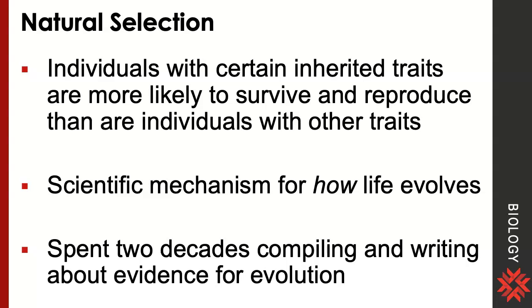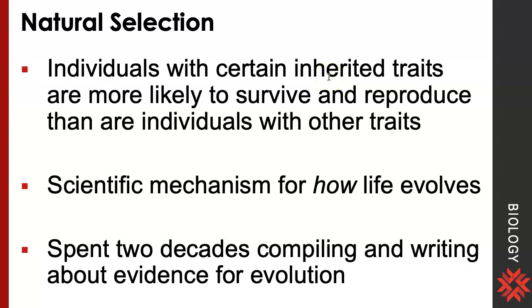Meaning that if you have a particular trait that allows you to survive better in your environment, maybe you're faster and you're not going to get eaten, maybe you're better at getting food, whatever that trait is, if it allows you to survive and have more offspring, well then, because it's an inherited trait, it means that it's going to be handed down to the offspring.